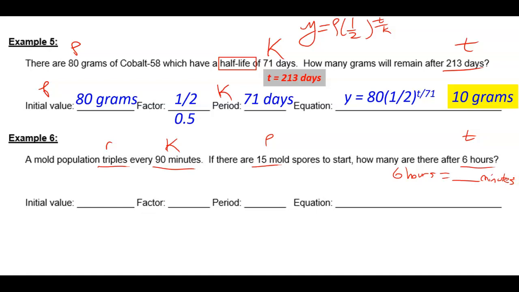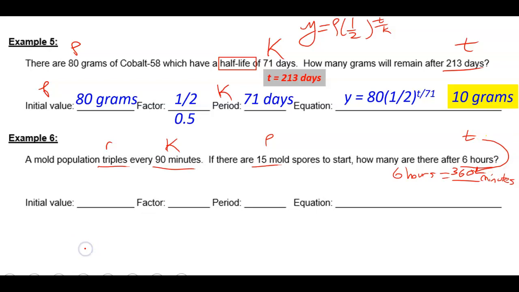If each hour is 60 minutes and there's 6 hours, what do I do? Not divide. Yes, there's 60 minutes, 6 times. 60 times 6. What's 60 times 6? 360. All right, 360 minutes. Now this is my new T, 360.